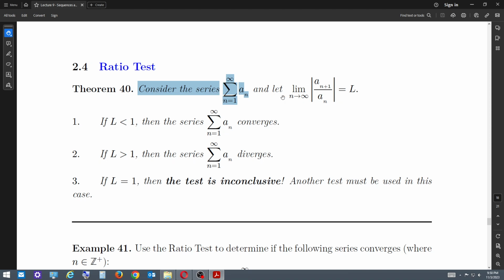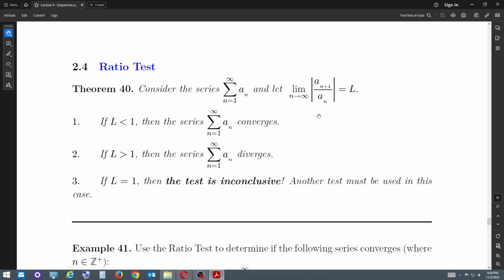The second thing, because you could have terms that are negative, you need an absolute value around this to make sure that whatever you get is always going to be positive. So it's the limit as n goes to infinity of the absolute value of an plus 1 over an, and we're going to let that be L. Now an plus 1 over an just means that I take this, replace n with n plus 1, work that out, and then plug in an there and figure out this limit.